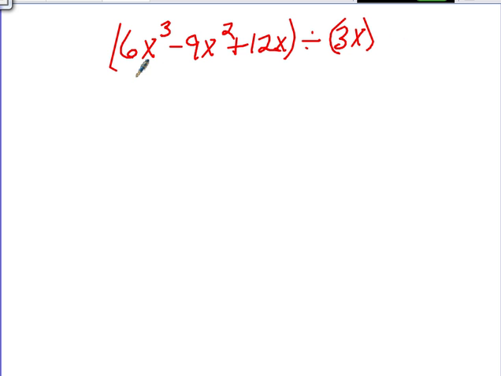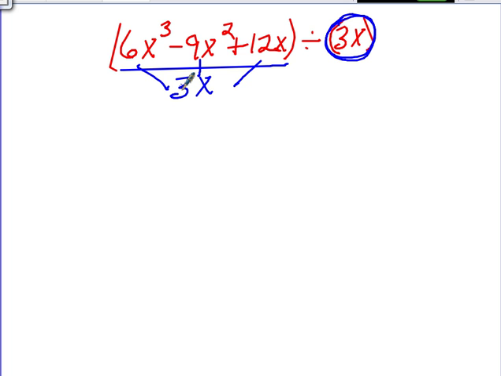You're dividing by 3x, which is called a monomial. There's no pluses or minuses. So when you're dividing by a monomial, just put it on the bottom. Distribute: divide this by 3x, divide this by 3x, divide this by 3x. How do you do that? That goes back to your rules of exponents. 6 divided by 3, x to the third divided by x. 9 divided by 3, x squared. It's the distributive property. Okay.